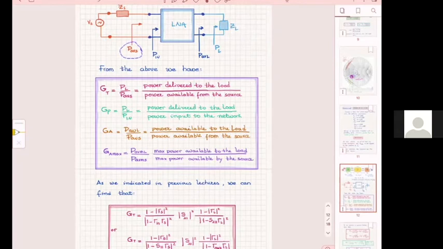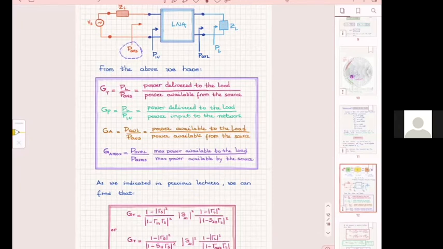When I say available from the source, what kind of power do I really mean? What condition does this power specify right after the source? Is it not conjugate matching? When we say available from the source, or maximum available, a lot of times people will remove the maximum and talk about available from the source.